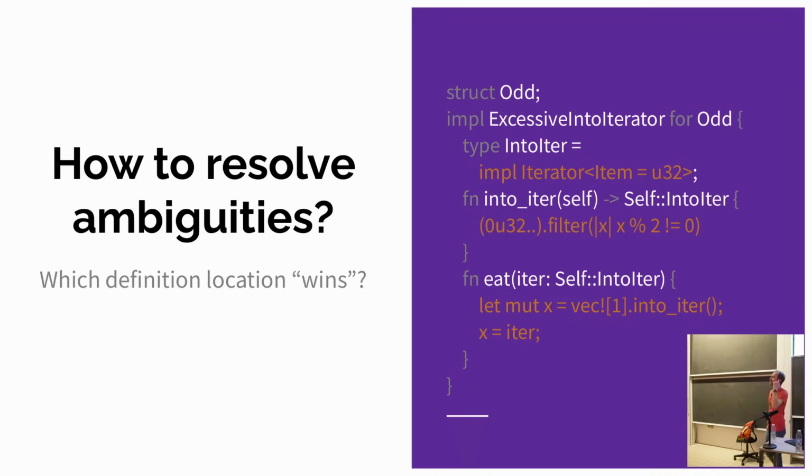You say this return position impl Trait always has these auto traits?